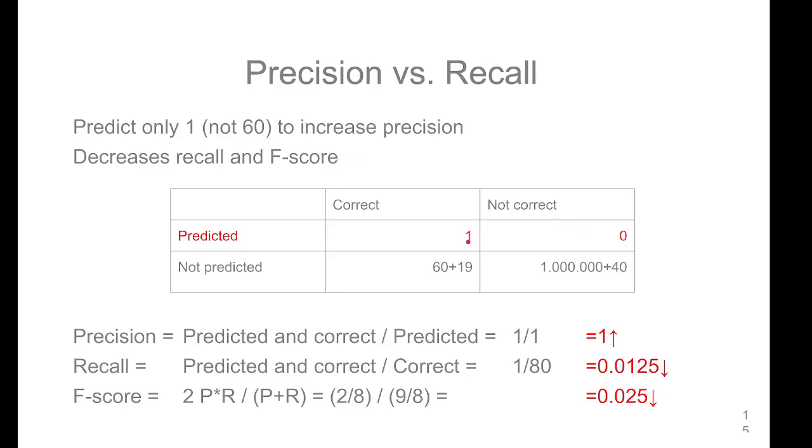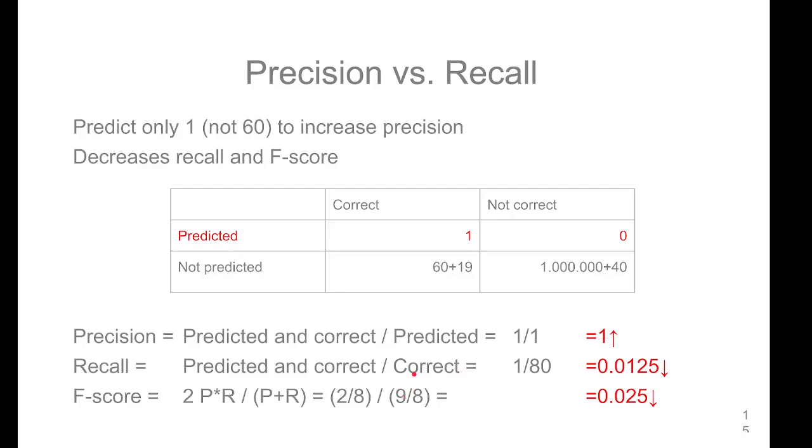And the one item that they were so sure about is indeed correct, so we have one true positive. And we're dividing that by the predicted one, which was 1. That means bingo, precision is 100%. We cannot do any better than this algorithm.